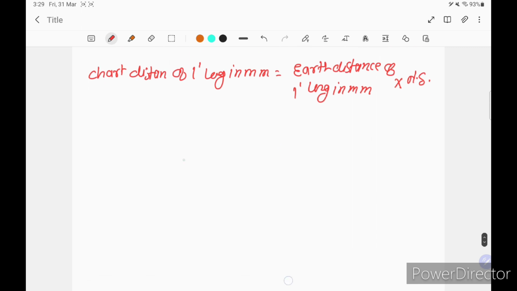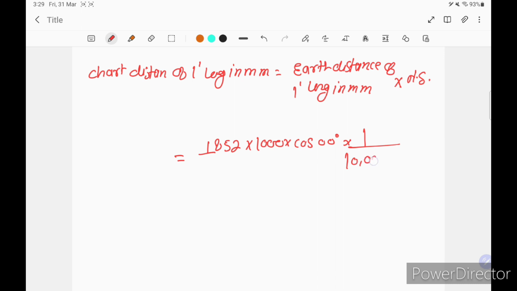Okay, so put the value in the formula: 1852 into 1000 into cos of 0 degree, equator, into natural scale, so we get the value 1.852 mm.